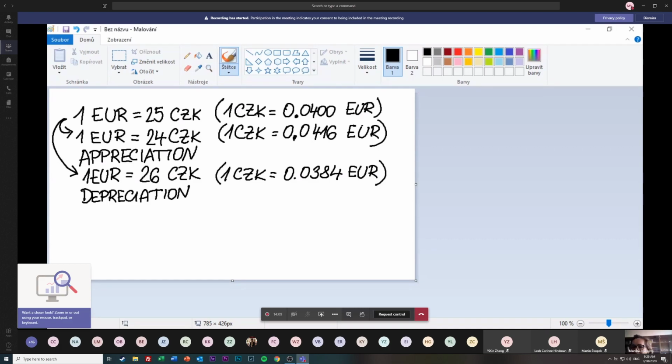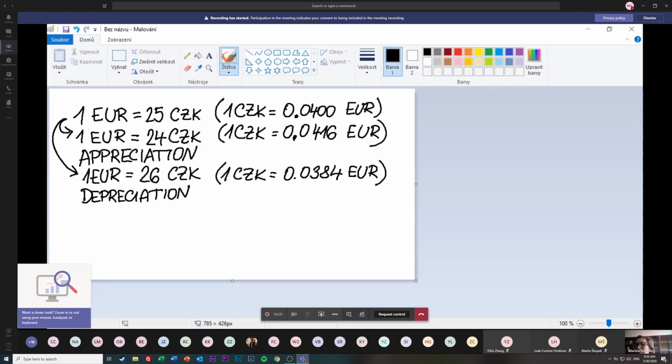This is the same with the currency. If the supply of the Czech crown is increasing in the currency market, the price of the Czech crown is going down and the Czech crown is depreciating, right?